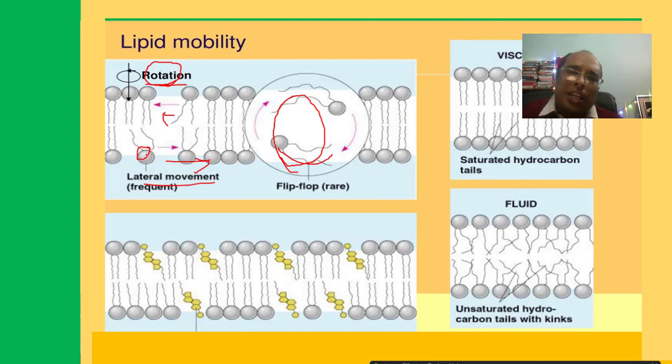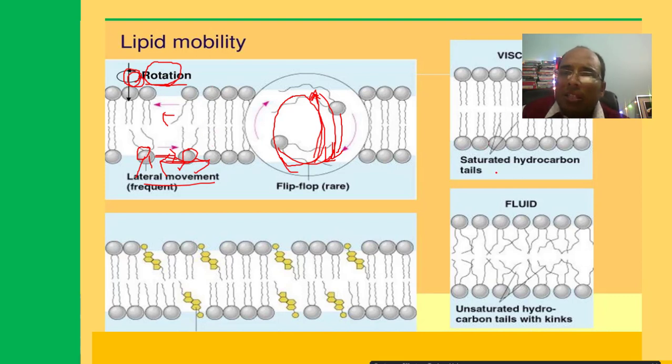The phospholipid can move from the outer layer to the inner layer, and also from the inner layer to the outer layer. It can also rotate here like this, and it can also have lateral movement. So it is a dynamic property.